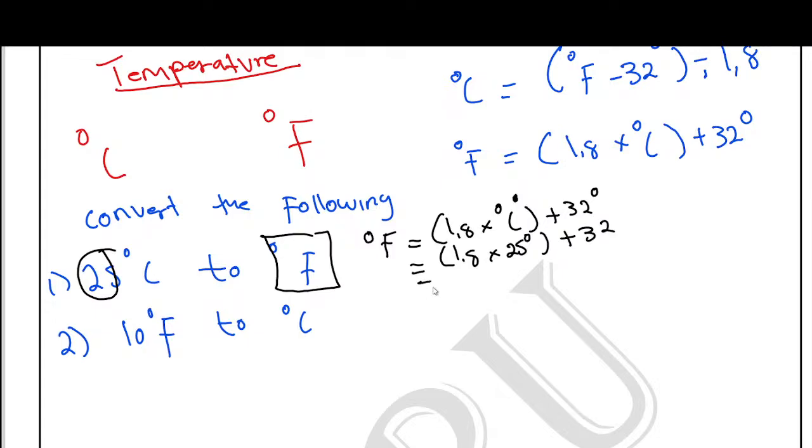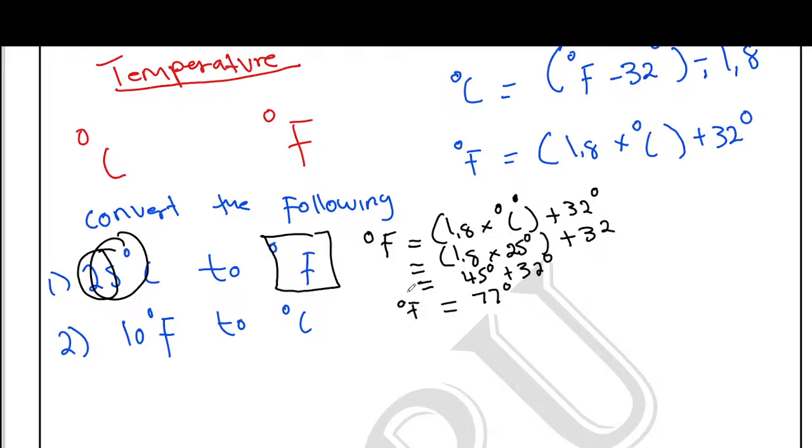Let's see, 1.8 multiplied by 25 is going to be 45 degrees plus 32 degrees, which is equal to 77 degrees. Then that means that 25 degrees Celsius is equivalent to 77 degrees Fahrenheit.